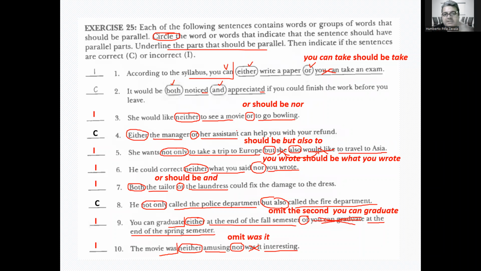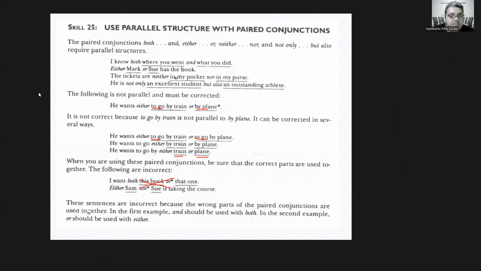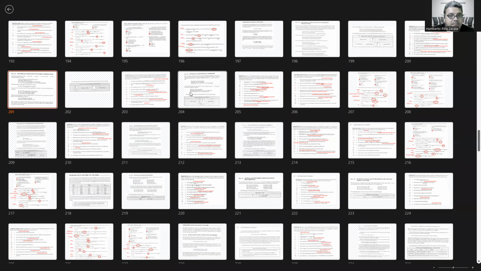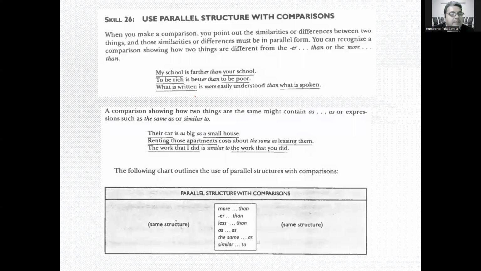And also that we have the same type of structure on both sides: infinitives, verbs in the past tense, phrases. Well, you get it. All right.